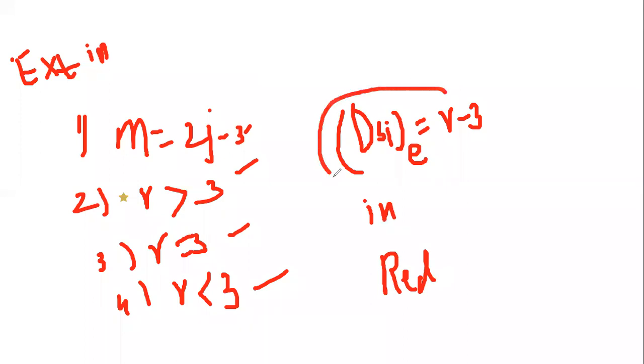This is the formula. It is correct, the DSI external. Now when R is greater than 3, you will get a certain value, 4, 5, 6, and that value will be greater than 3. So that's why for a truss to be externally indeterminate, R should be greater than 3.